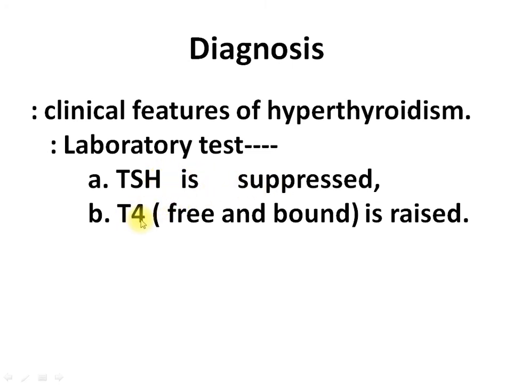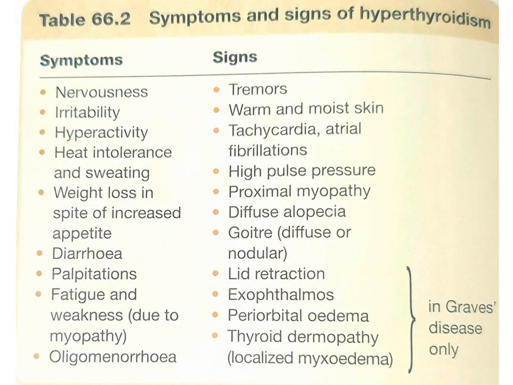Then there is a rampant increase of the thyroxine T4, maybe free or bound. So there is excessive increase of the thyroxine, and then there is suppression of the thyroid stimulating hormone liberated by the anterior pituitary body. So those symptoms and signs associated with the hyperthyroidism we can discuss.